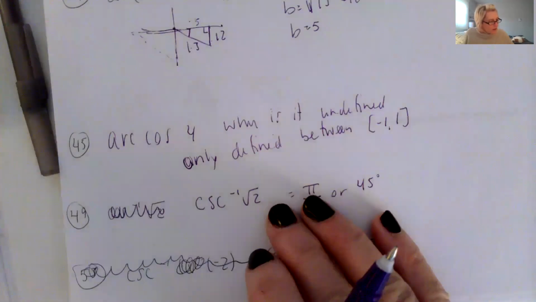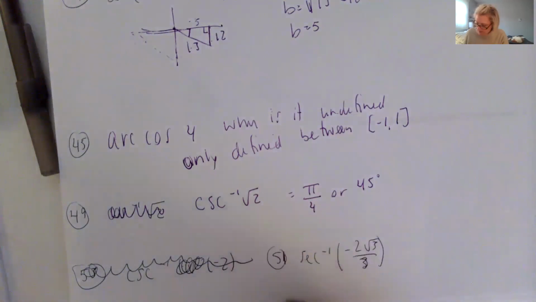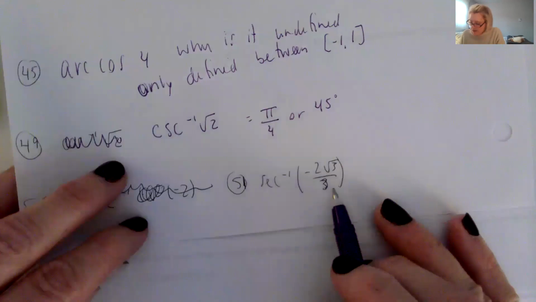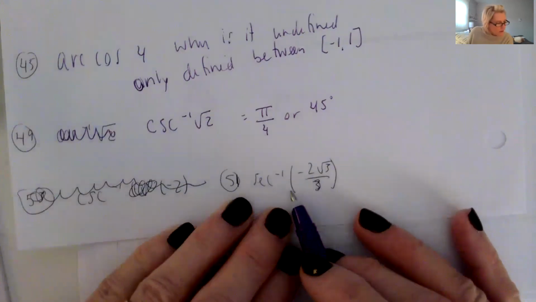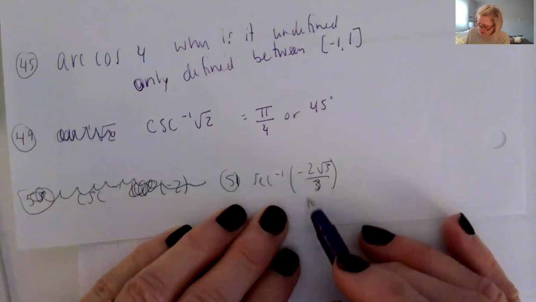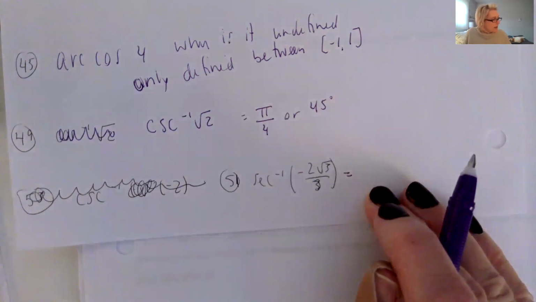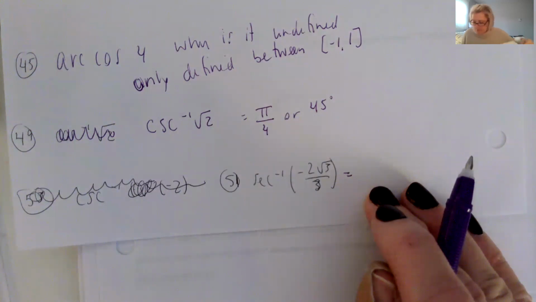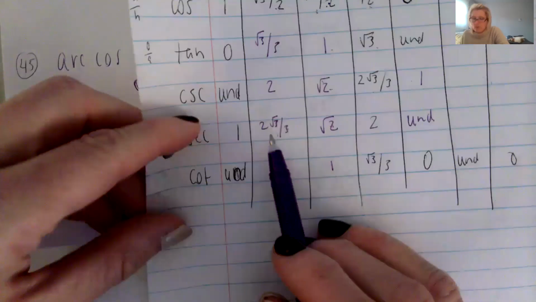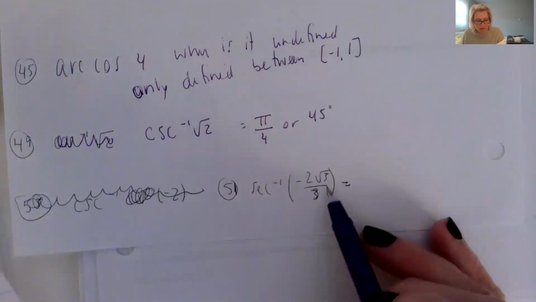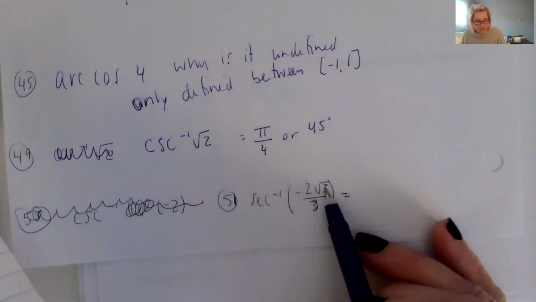And then 51, let's look at that one. The inverse of secant, or arc secant, of a -2 square root of 3/3. So where is secant? Secant is 2 square root of 3/3 at pi/6. But where is that negative?